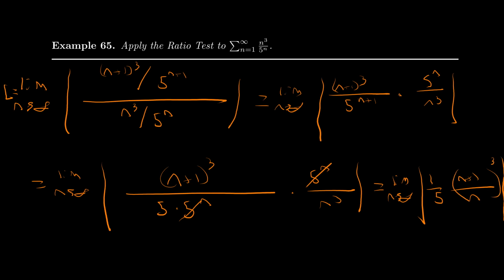Still an absolute value there at the edge of the screen. And we know what happens to this guy as n goes to infinity. It goes to 1. So we know that then the limit is equal to 1/5, because we know that this effectively doesn't matter as n gets big. Those cancel. 1 cubed is 1. This is just 1/5. The whole thing's just 1/5.